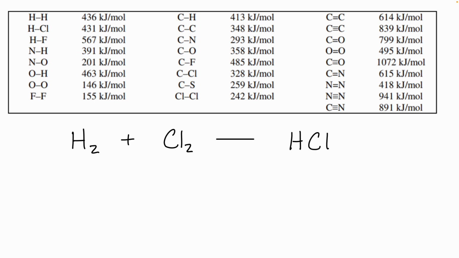But we're going to need a little bit more information than just our chemical equation. So what we're going to do is look at the Lewis structures of our reactants and our products. All right. So H2 is two hydrogen atoms with that covalent bond between them.